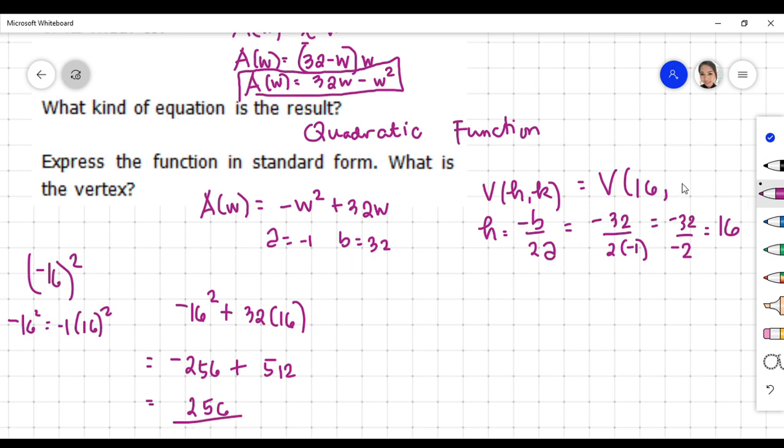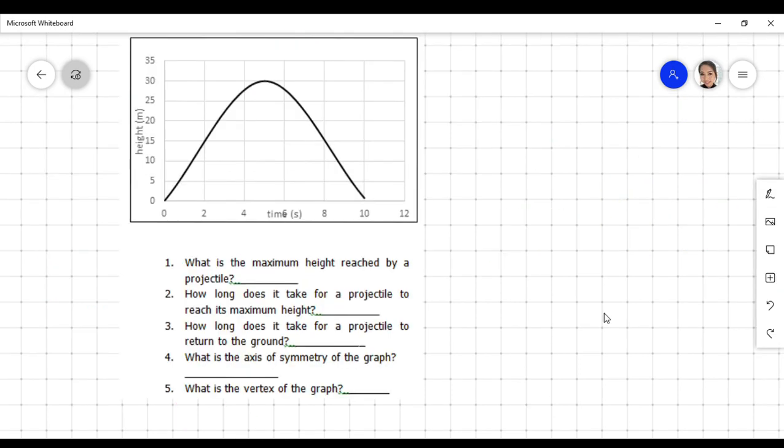So this is 256. So basically our H here was our width, and our K in application to the problem is actually our area given the width. So we have here another example.